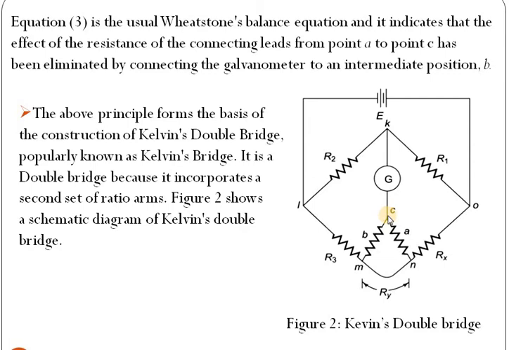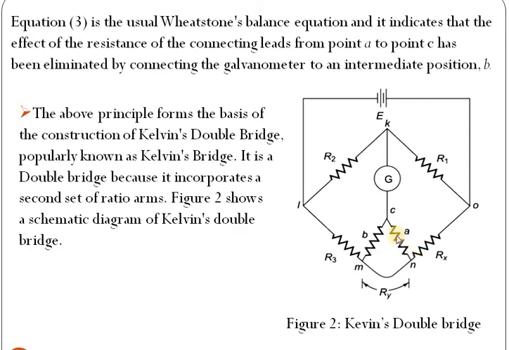In between the galvanometer node C and the corresponding R3 resistor, we indicate this point as M. In between point M and C, we connect a resistance small b, and the point N is at the unknown resistance Rx.